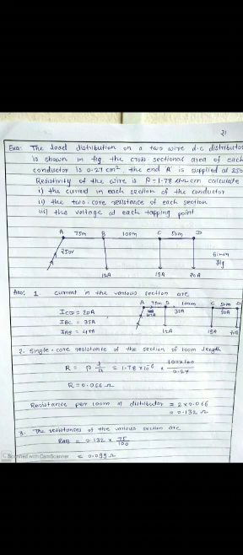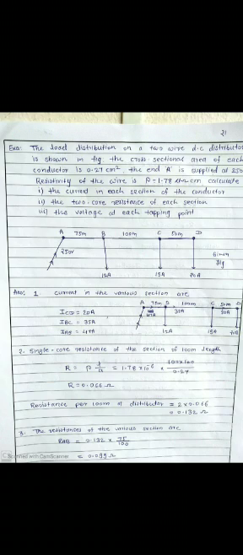And out of that 35 ampere, we subtract the 15 ampere current at point C. Then we get the current in section CD as 20 ampere. Like that we calculate the current in each section.